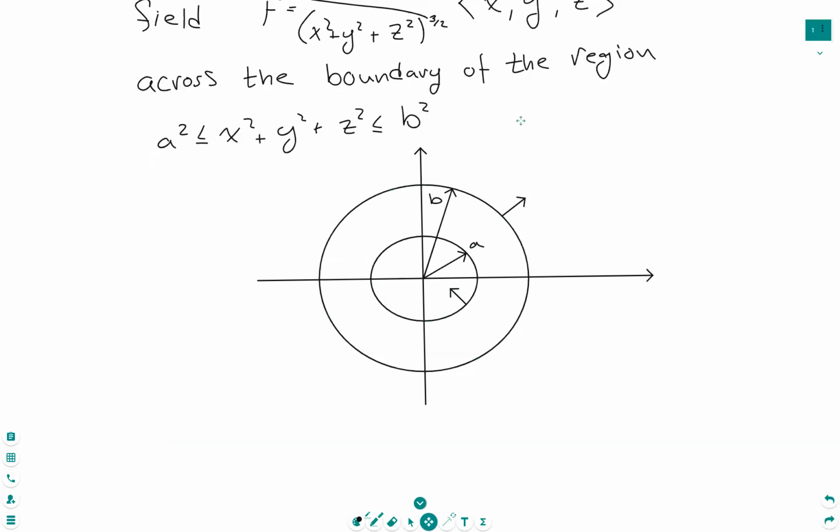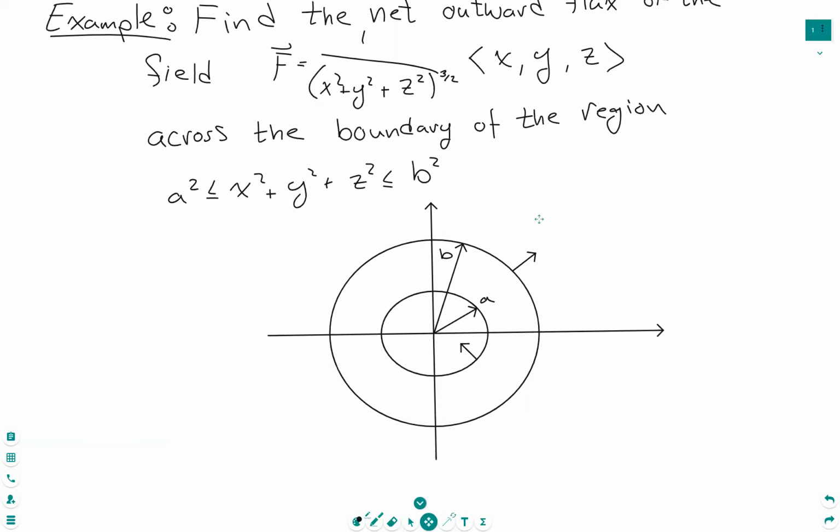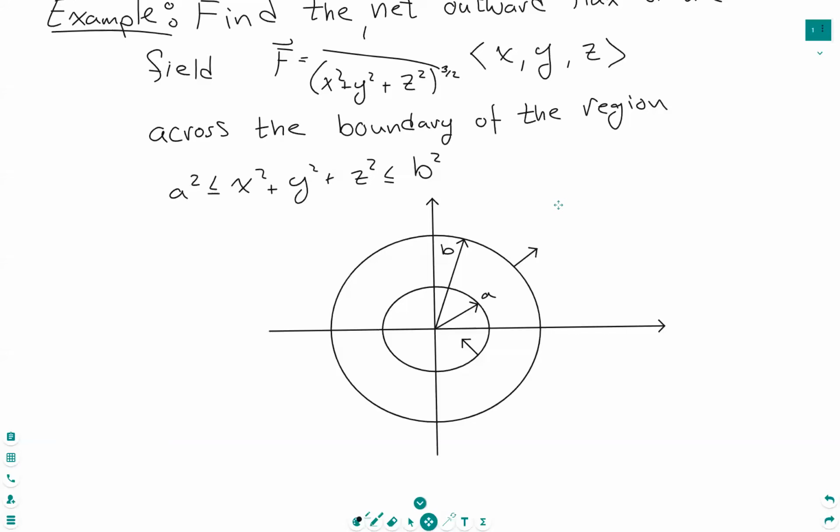So what we could do to find the total outward flux is a flux integral over the sphere in the interior, and then a flux integral over the outer sphere. That's two different flux calculations I would need to do, right? And we haven't even really talked about doing surface area integrals for spheres. We've done something similar for a cylinder where we project to the theta z plane.